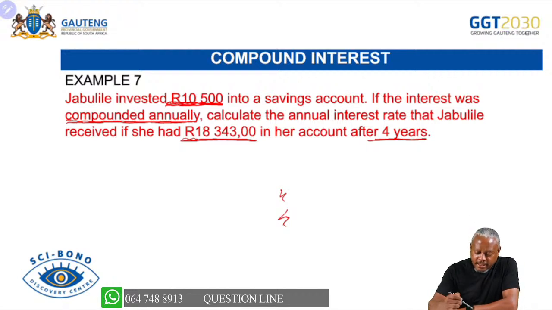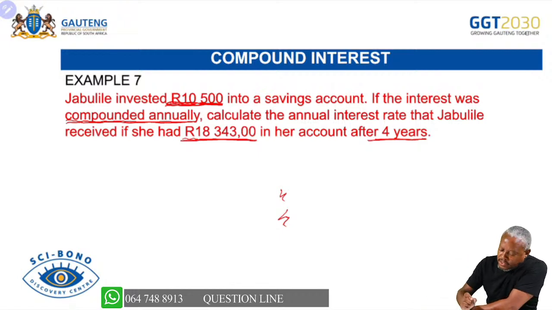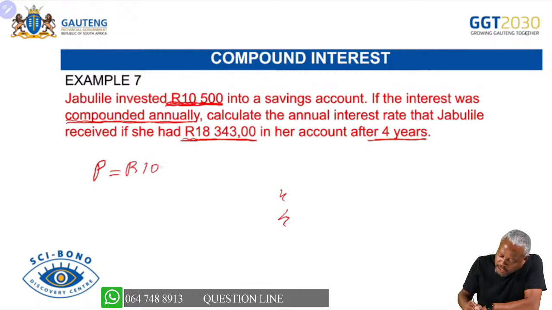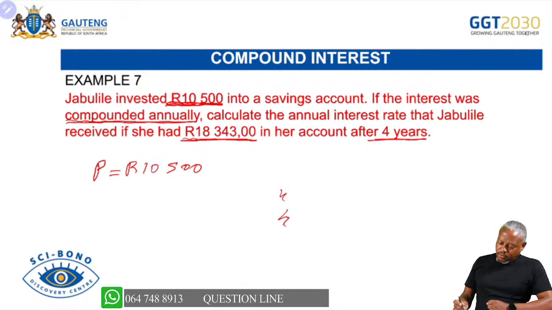At the beginning, she invested how much? This one. So what did I say? I asked you first, you need to write this one. What is 10,500? That's what I've asked you to do. So it means you write your P equals to 10,500. And then what else?